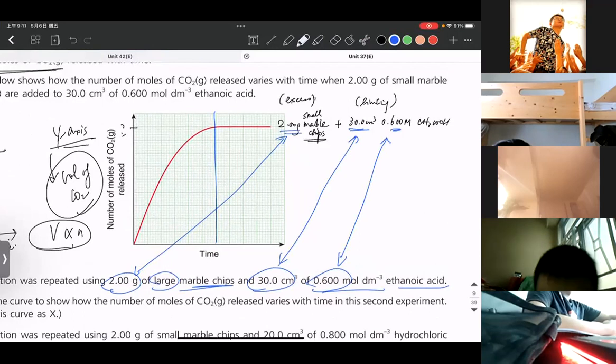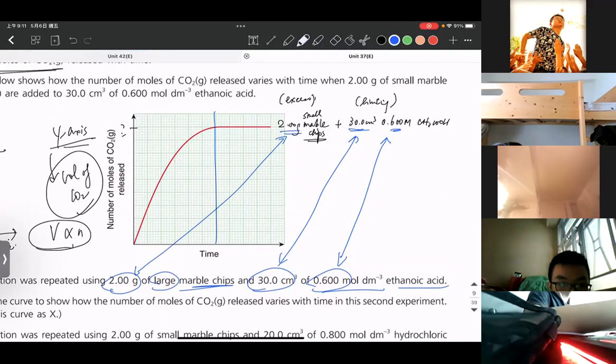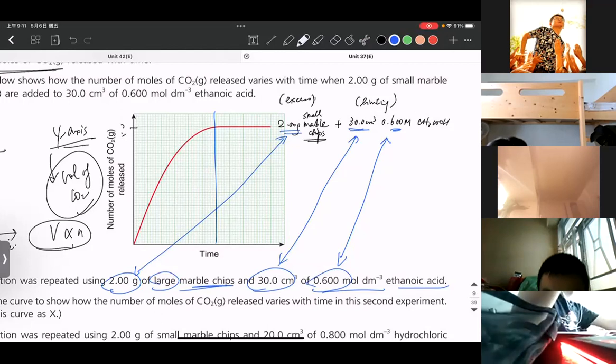So if that is the case, you are now referring to the number of moles of the CO2 to be formed. Would it be larger, smaller, or the same as the first case?